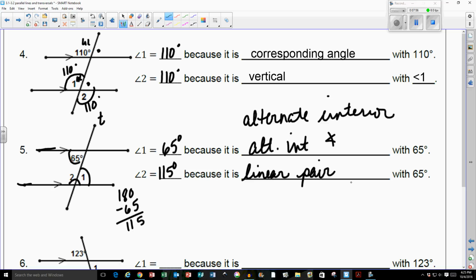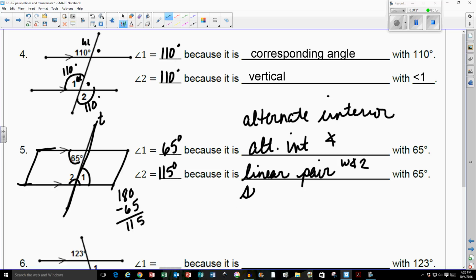Or it's a linear pair with angle 2, but it's also considered same side interior with the 65 degree. So see how it's on the same side of the transversal? Since it's on the same side of the transversal, and again, see how it's inside the parallel lines? So it's also supplementary because it's same side interior angles.